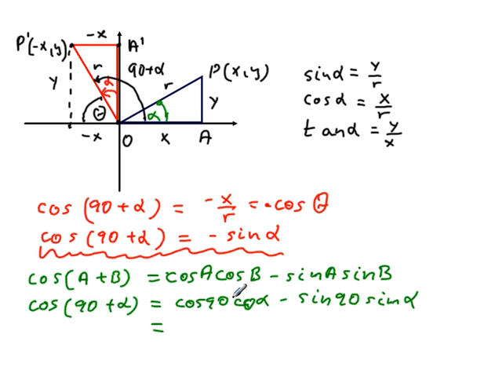Cos 90 degrees has a value of 0, so this is 0 minus sine alpha. Sine of 90 degrees has a value of 1. So this is equal to negative sine alpha.